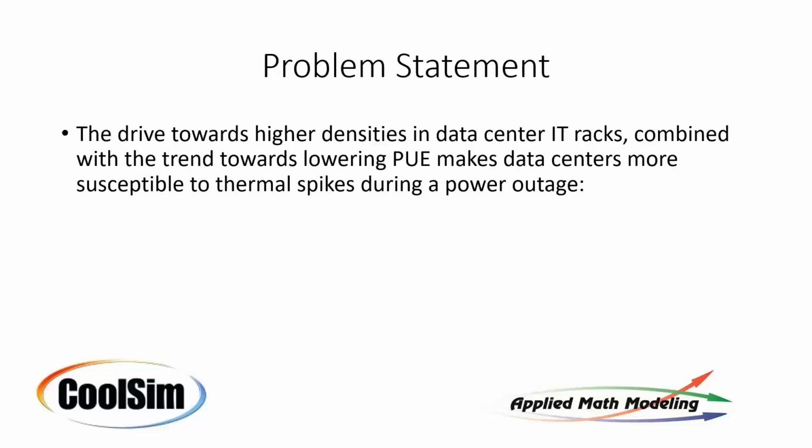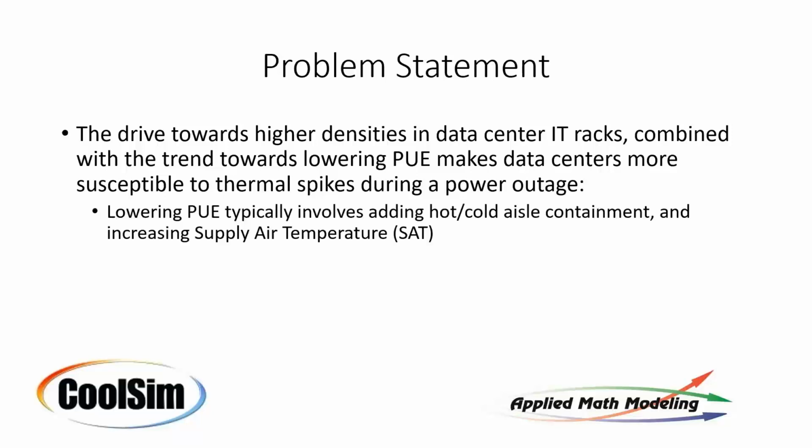So the basic issue we're all facing here is higher densities. I'm seeing much higher densities in data centers, and the trend of trying to lower PUE is making it more challenging for the transient case, the power outage case. As you drive down PUE, what's typical is people use hot aisle, cold aisle in their designs. They increase their supply air temps, trying to drive that number down.